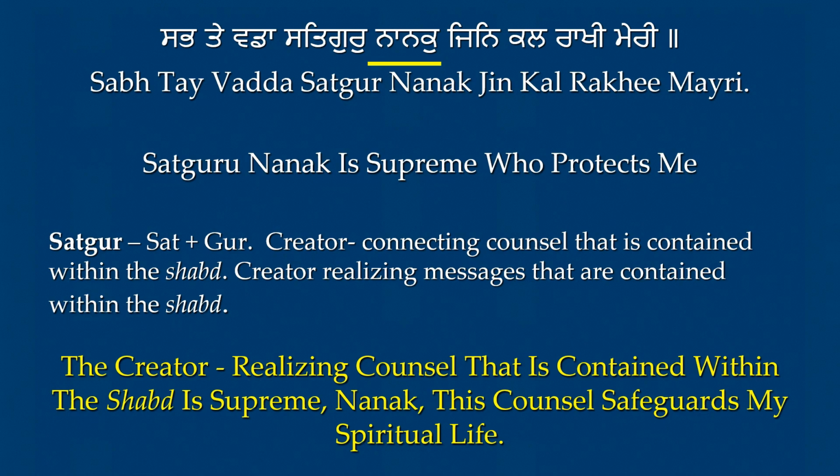Sabte Vadda Satgur. Nanak, this counsel safeguards, protects my spiritual life. Nanak Jin Kal Rakhi Meri. So the word Satguru refers to the Shabad, that is the Guru. It does not refer to Nanak, who is the author of this Shabad, namely the fifth Nanak or Guru Arjan Patshahi Ji.